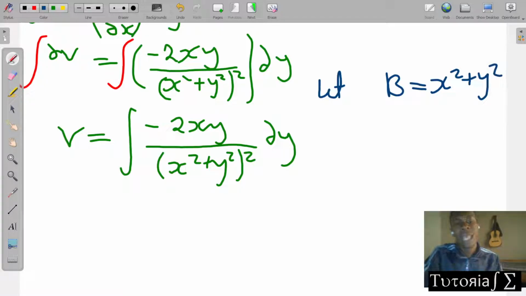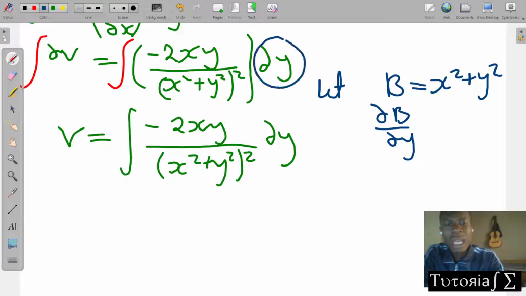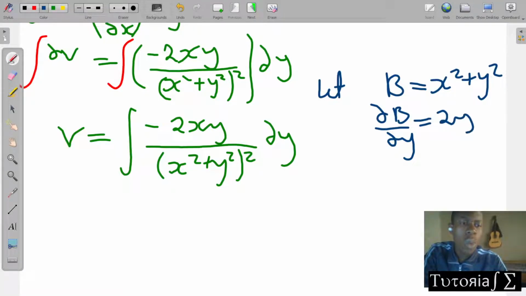Now I find my db dy. Why db dy? Because we are integrating with respect to y. So db dy will be equal to 2y. The goal here is to replace this dy with db so that we have a simpler integration.